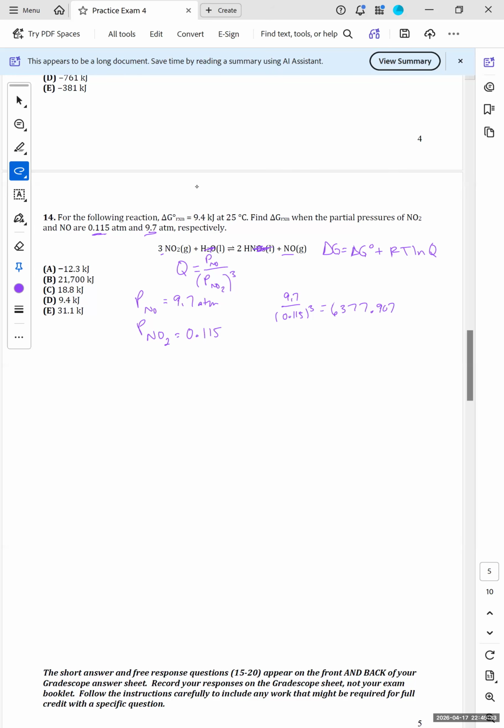So I'm going to write out your R. You can go either direction, whether you want to keep the units in kilojoules or in joules. So just make sure you're either converting R or your delta G into like units.